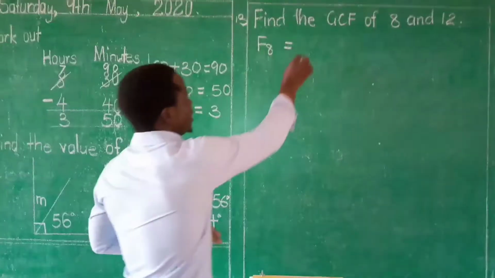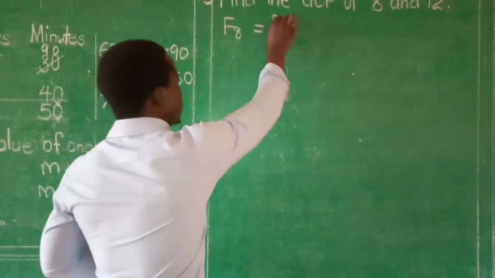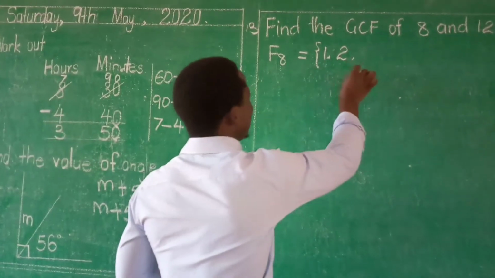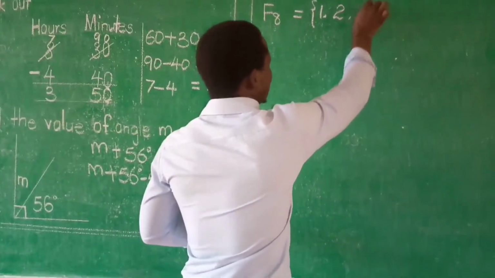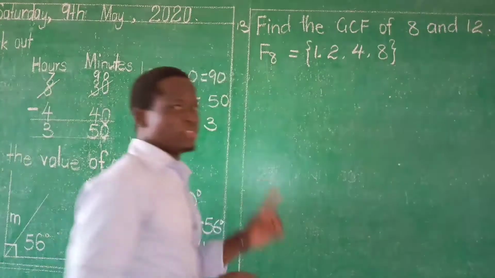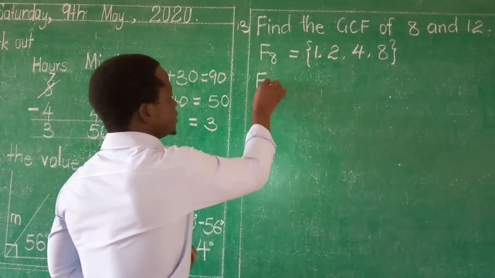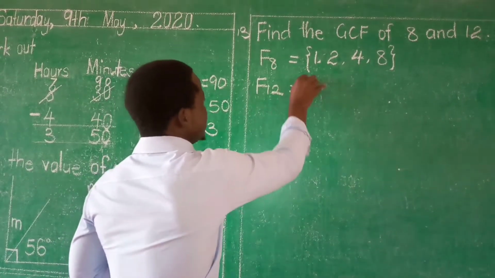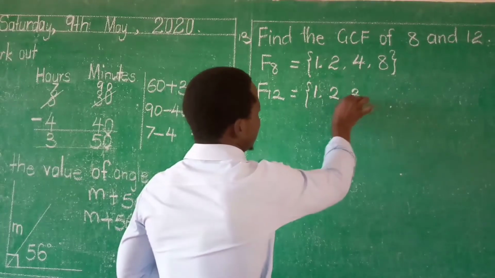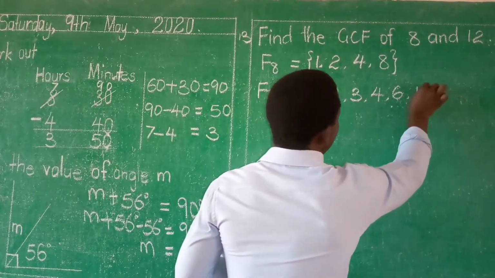We have them as, the first one is 1, followed by 2, 3 cannot, so we go to 4, and finally 8. Those are the factors of 8. We also list factors of 12, and these are 1, 2, 3, 4, 6, and 12.